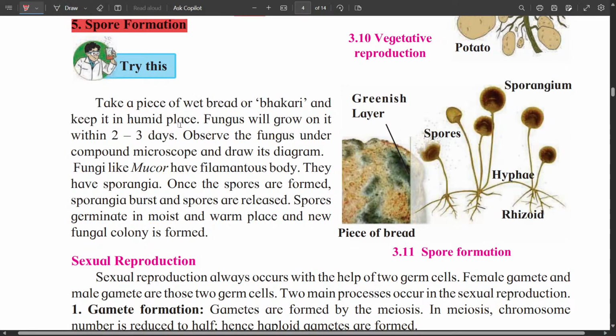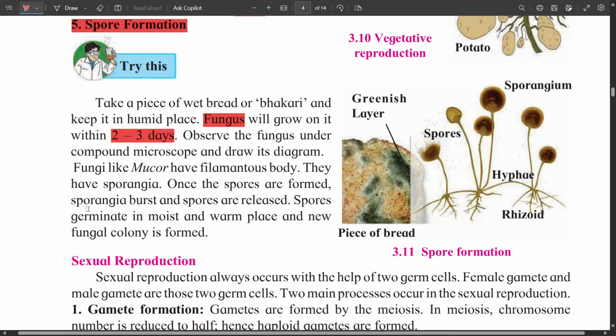Take a piece of wet bread or bhakri, keep it in a humid and dark place. You will see fungus grows on it within 2-3 days. So from where has this fungus arrived? There are spores of the fungus present everywhere in the environment.